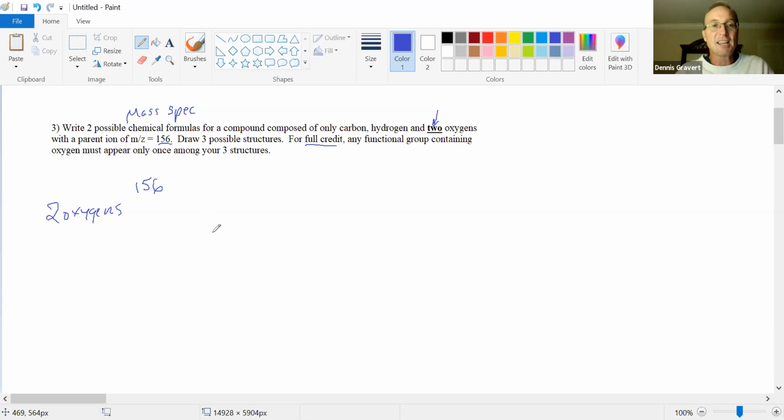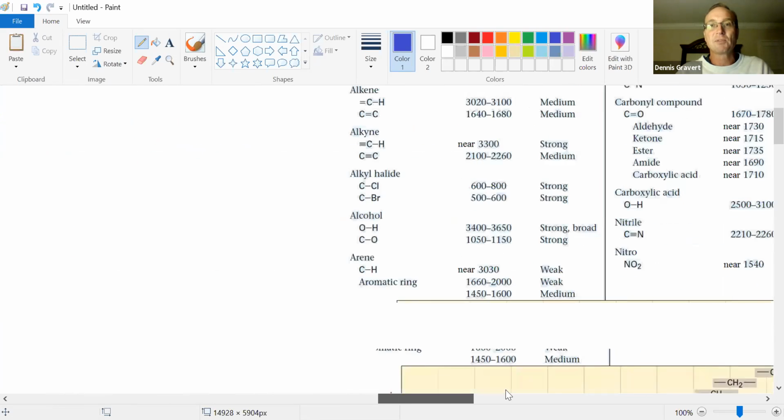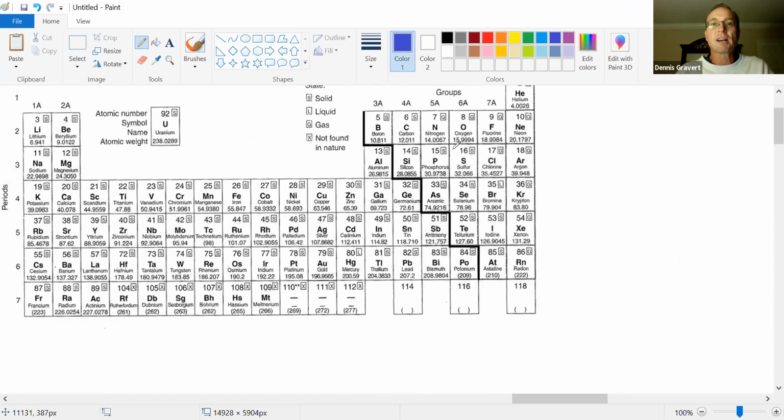And you get a periodic table on every exam. So slide over here to the periodic table. Look up oxygen, and the atomic mass is 15.9994. The trick you can use is if you round off your atomic masses, then you're close to the most common isotope.